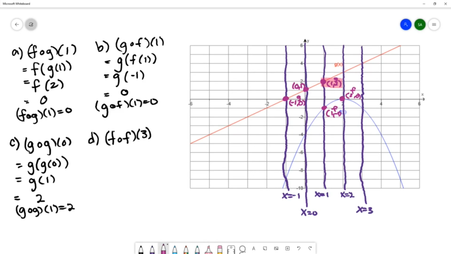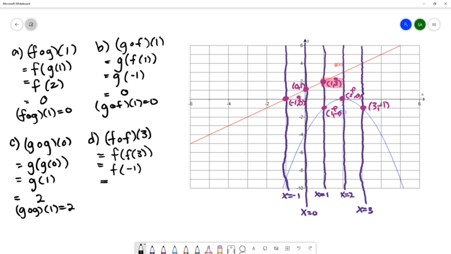And I have an intersection point for f right here. That's the ordered pair 3, negative 1. And f composed with f of 3 will be f of f of 3. F of 3 is negative 1.